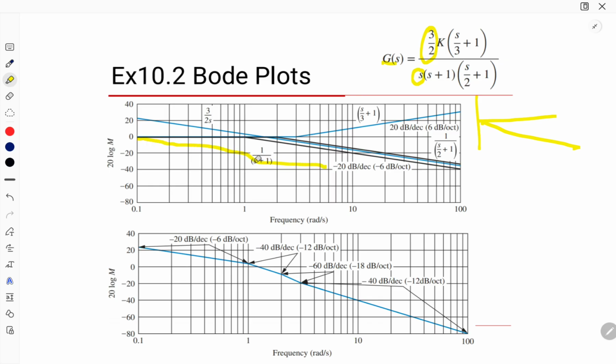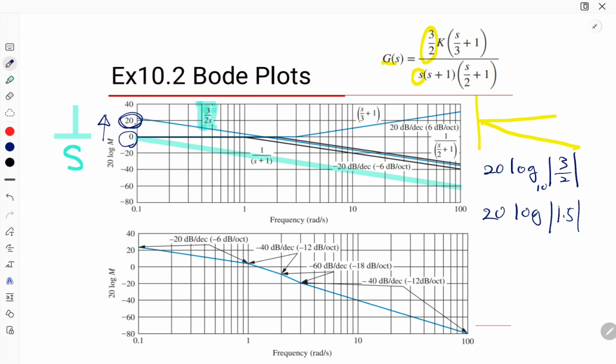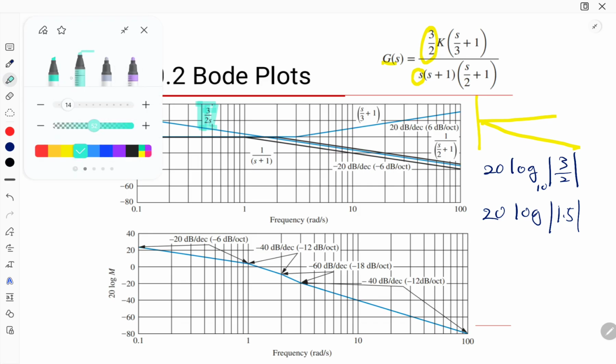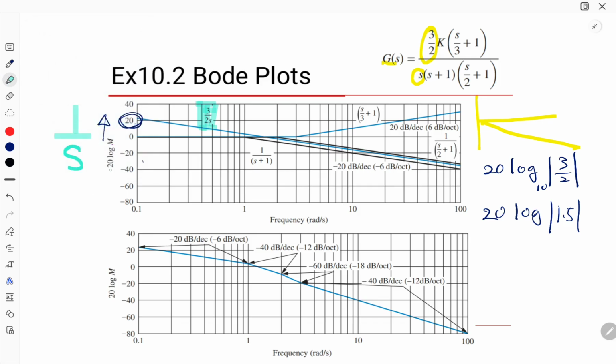I'll draw it better. Originally it will be 1 over S starting at 0, literally. And then as you saw, that would have been from here. I wanted to use this one again. From here, 1 decade, 2 decade, and 3 decade, minus 20, minus 40, crossing minus 60.